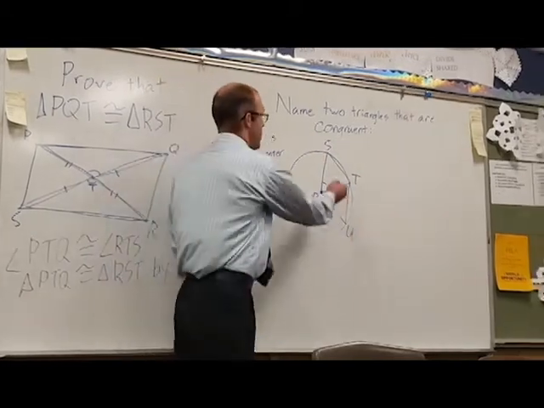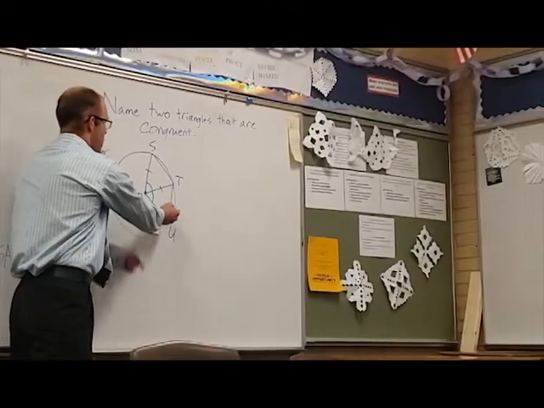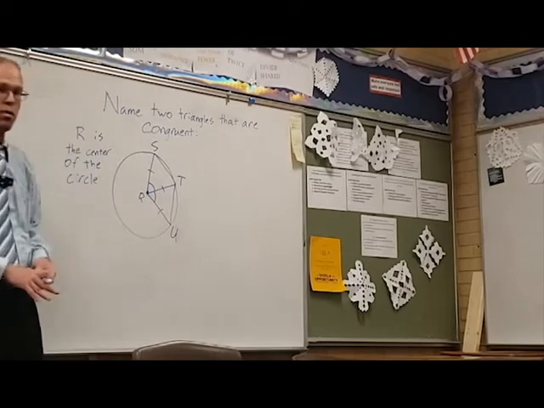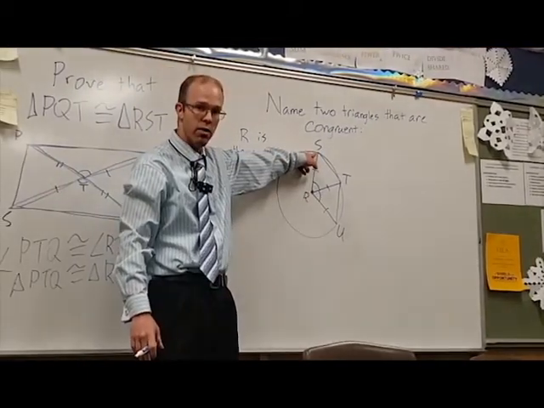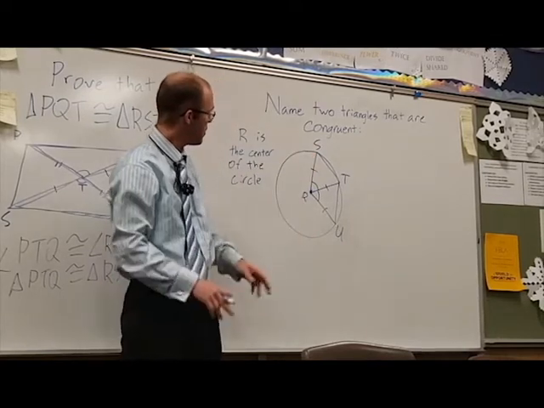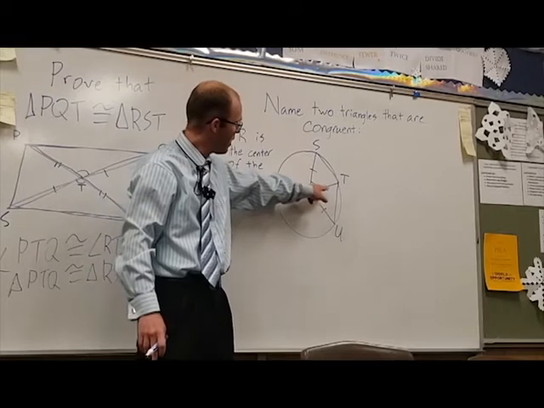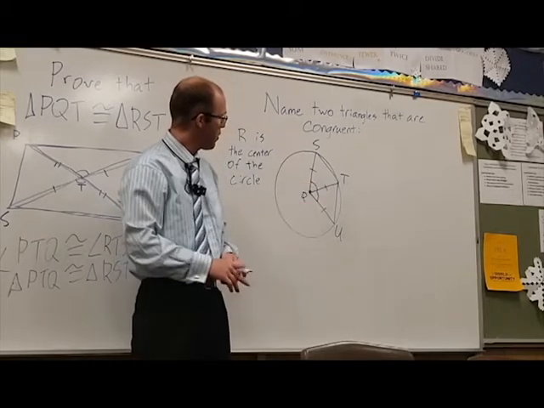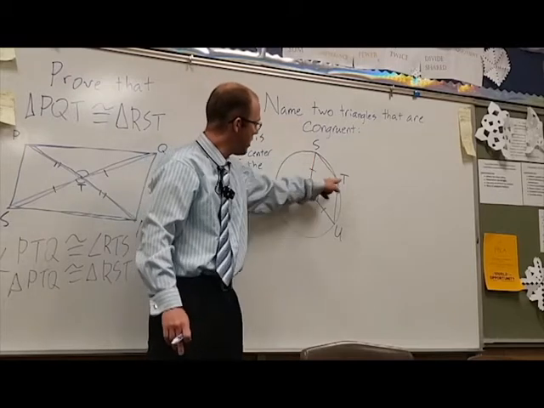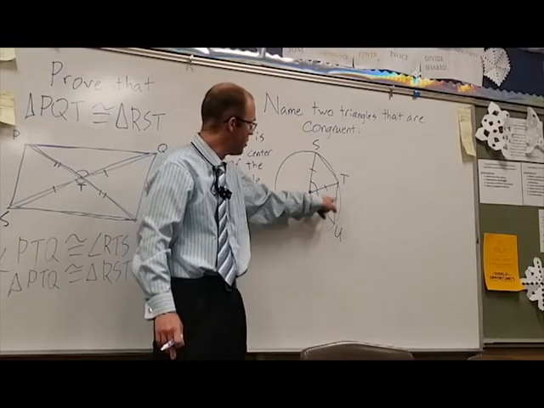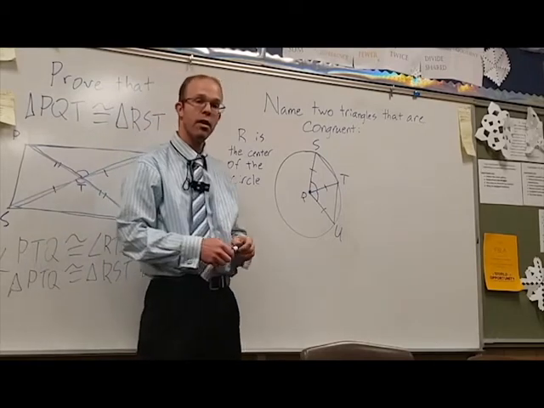So we have line segments RS, RT, and RU are all congruent to each other because they go from the center of the circle to the edge of the circle. All right, that gives us enough information. We have a pair of sides, an angle, and a second side that are congruent to each other. So we can say that RST and RUT are congruent to each other by the side angle side congruence theorem.